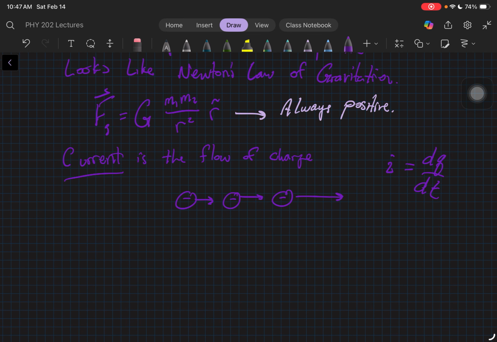So just like we would have velocity is dx dt, right? The change in position gives you the speed. So here the change in charge gives you the flow. All right, this is going to be an important equation.